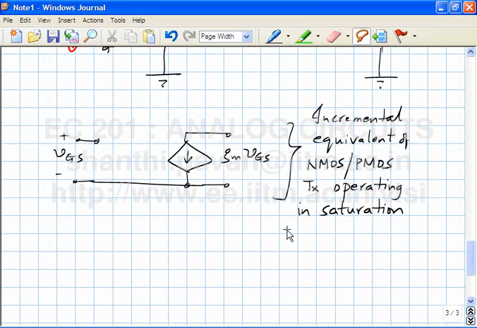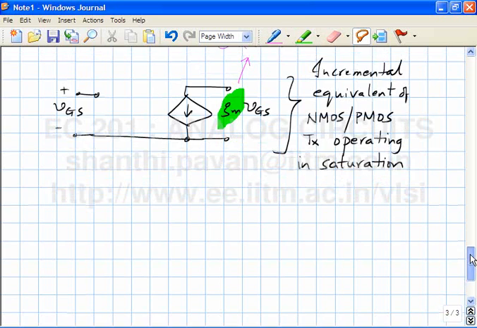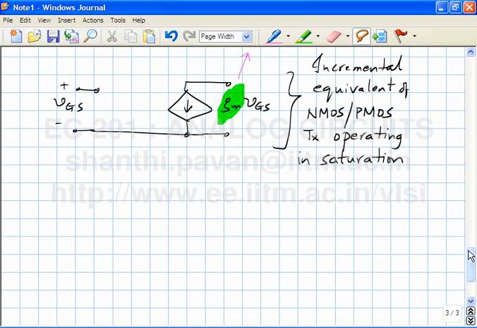As I said, in principle this gm can be infinite. So what did we use this for in the NMOS case?